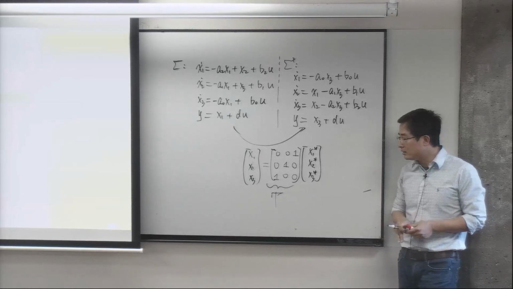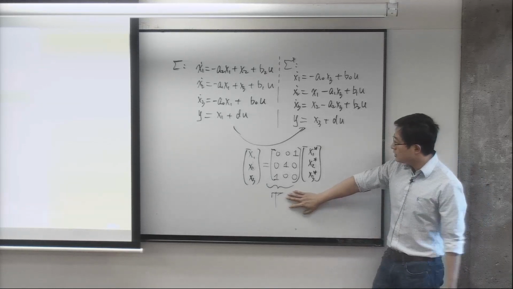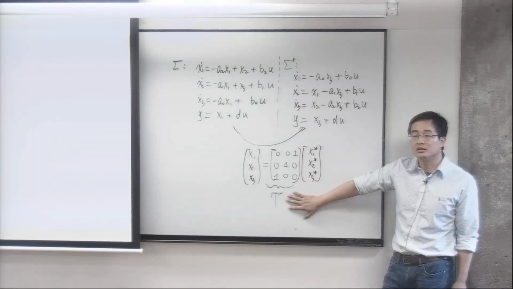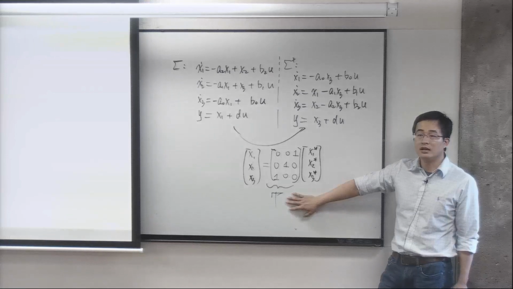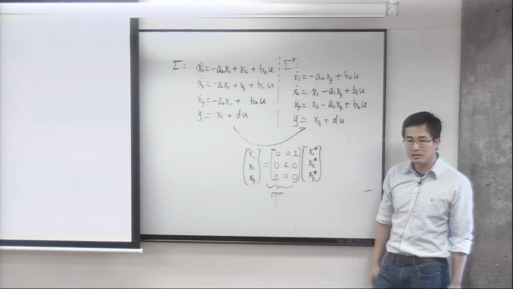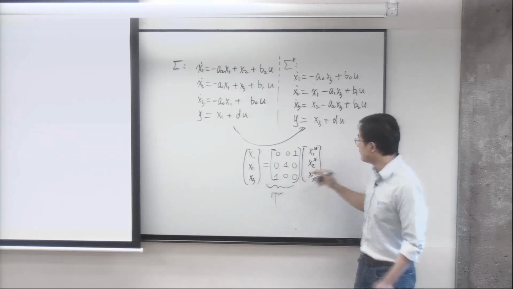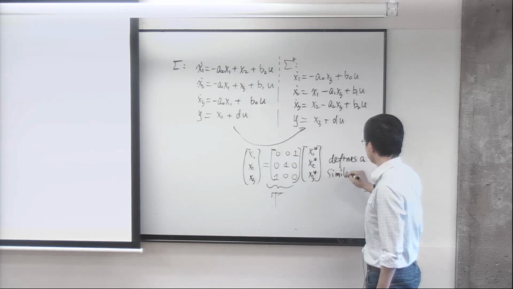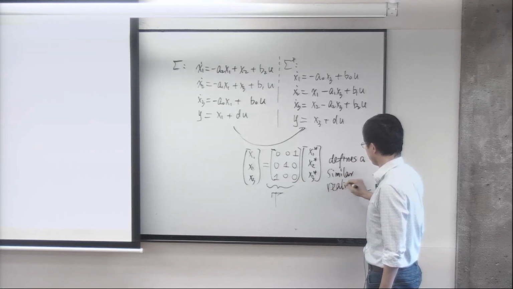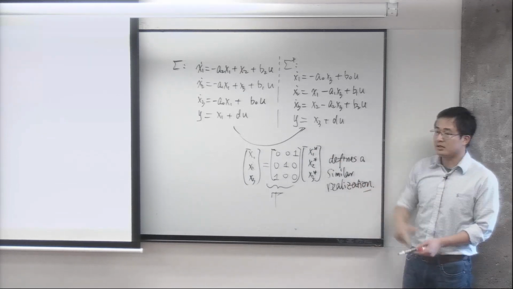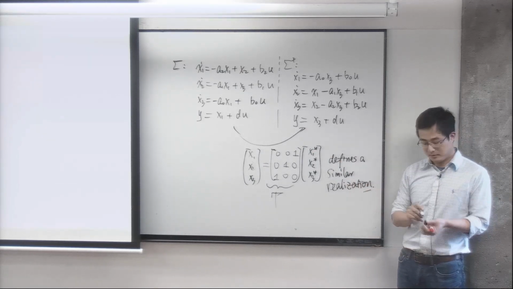And then what did we talk about for the condition of T to make it a similar realization? T must be invertible, right? Because you can see this is an invertible matrix. This is indeed, so this defines a similar realization. So therefore, these two systems are exactly the same system.